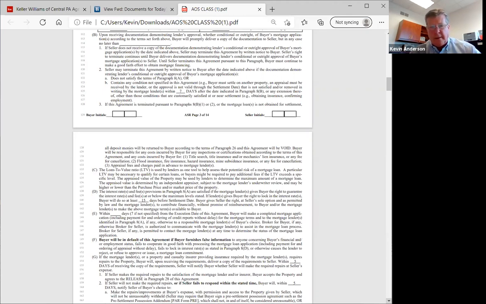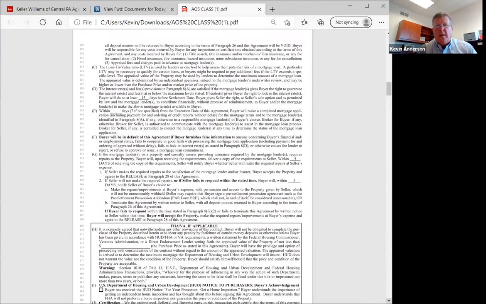Now, here's one that Gary kind of enlightened us on as well. And that's in this mortgage contingency paragraph sub E or ED. Here's one that gets passed by, I'll bet, 90% of the time.